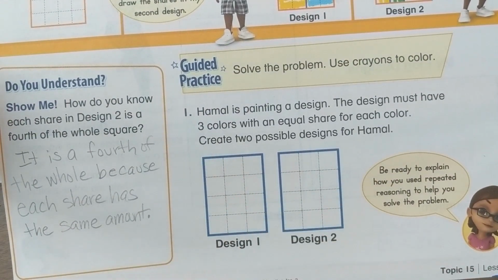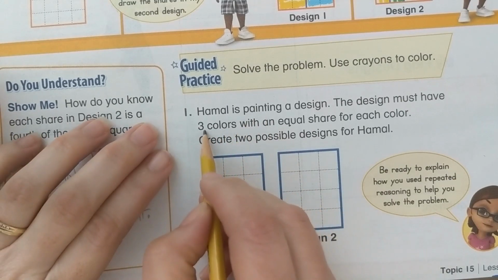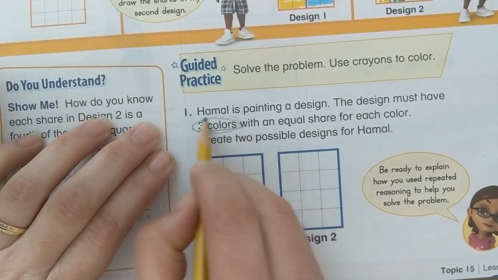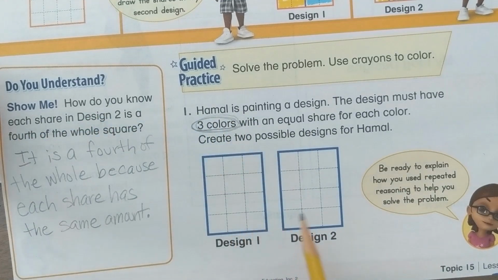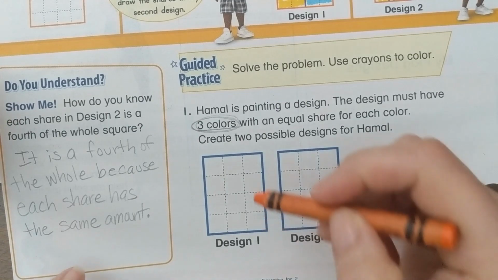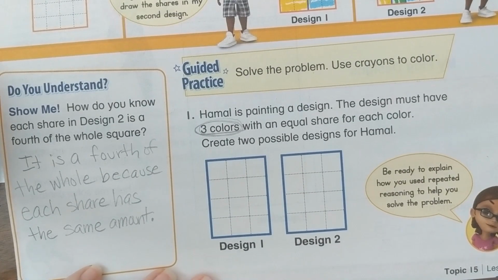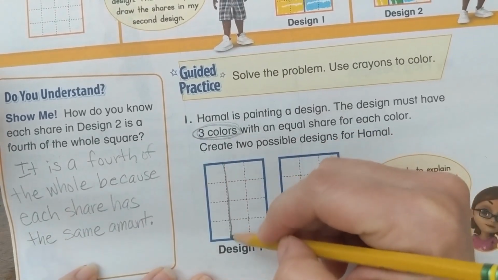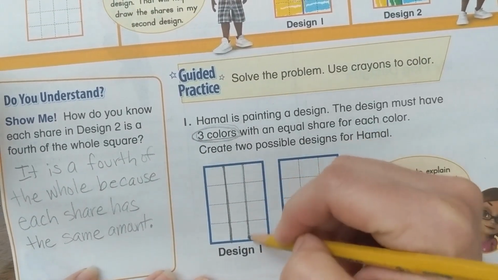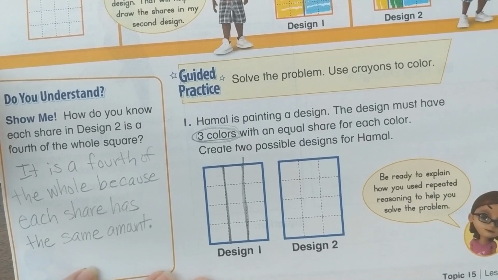Okay, Hamill is painting a design. The design must have 3 colors with an equal share for each color. Create 2 possible designs. So again, we need 3 colors, which means we're going to have 3 shares. We need 2 possible designs. So I'm going to make the first one in my 3 columns because that's an easy way to see how many boxes for each one.